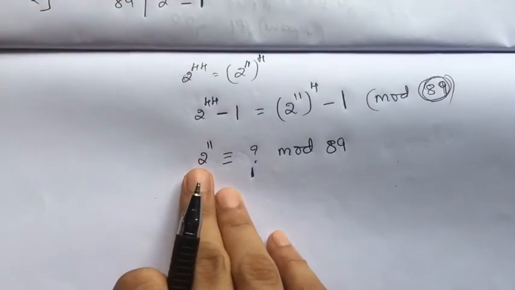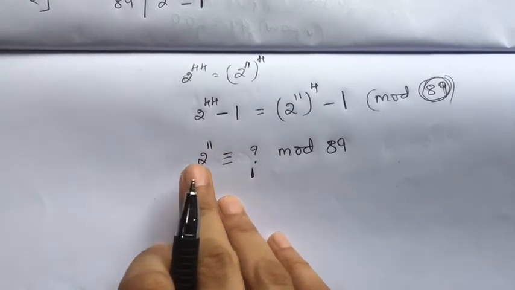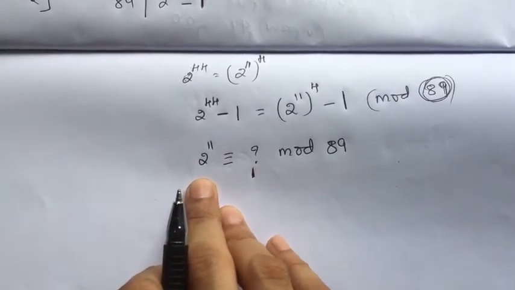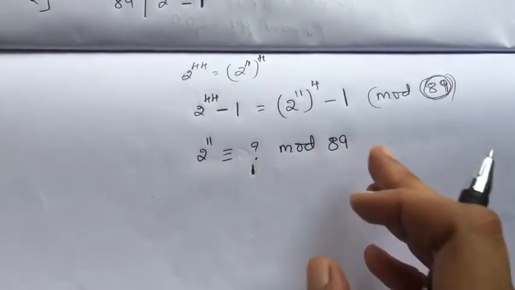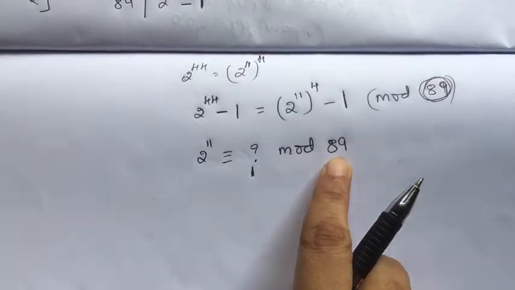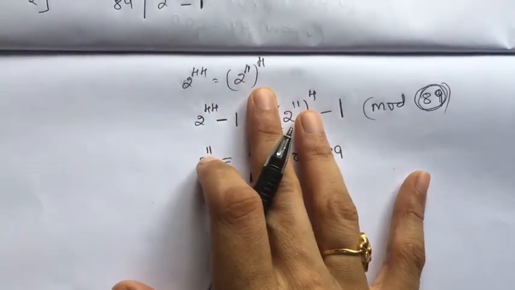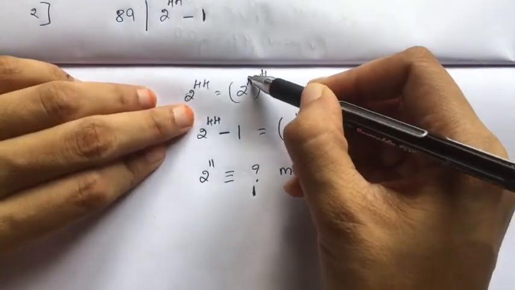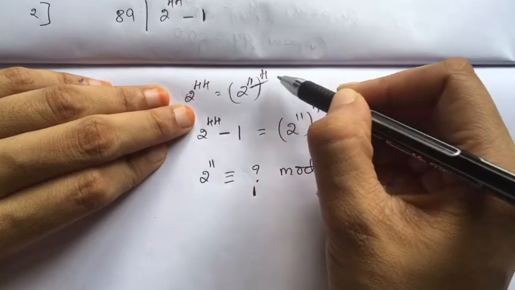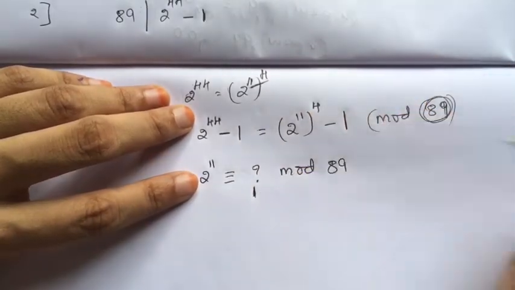If I consider 2 to the power 11 as 2 to the power 5 into 2 to the power 5 into 2, then also I'm getting the remainder as big values only because of this n integer. So I have to check up for all the powers of 2. So this is the good value of powers of 2, so that I am getting a remainder as 1.